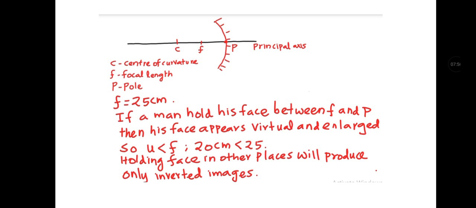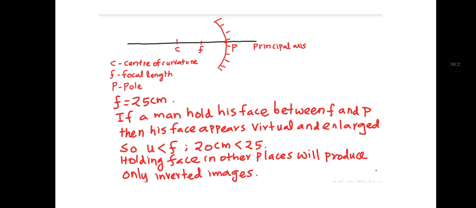So u is less than F. That means 20 centimeter. If the object is placed at 20 centimeter, meaning the object is placed between F and P, the image produced will be enlarged and virtual on the other side of the concave mirror.